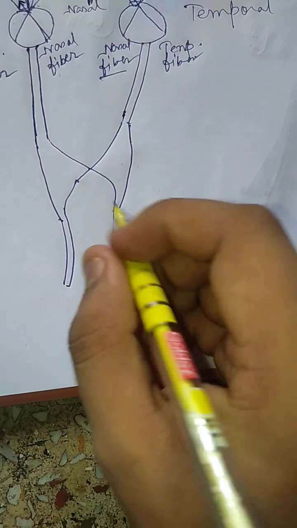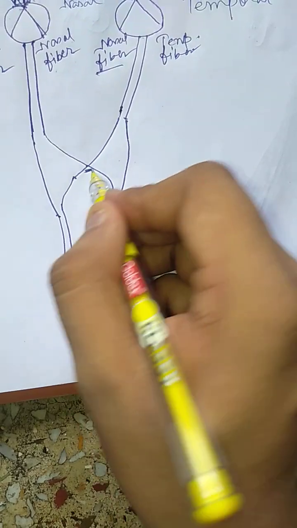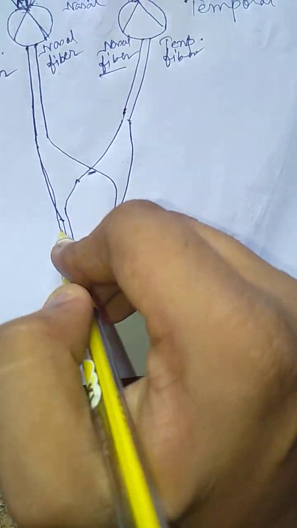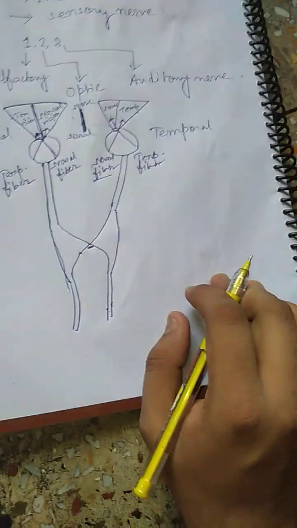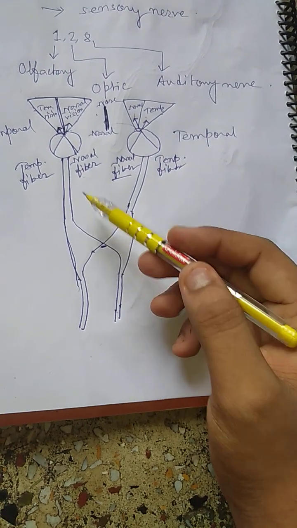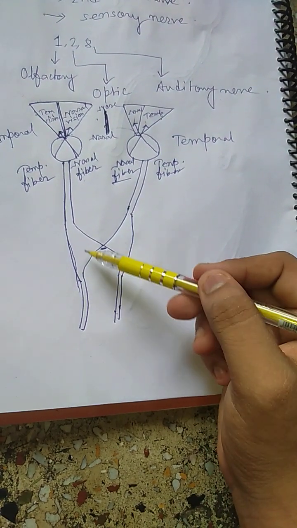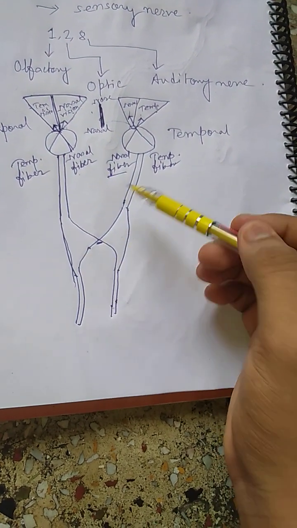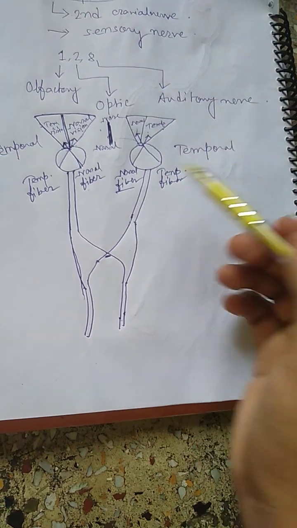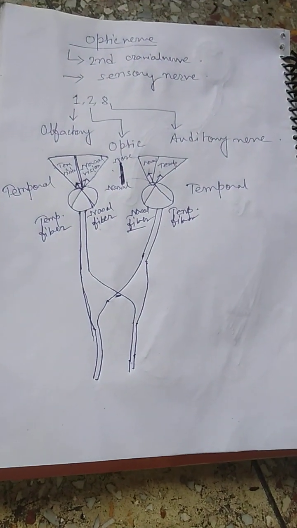This structure, this is the temporal fiber. The temporal fiber of the optic nerve does not change its way, it comes down a little bit straight, but the nasal fibers change their way or path.